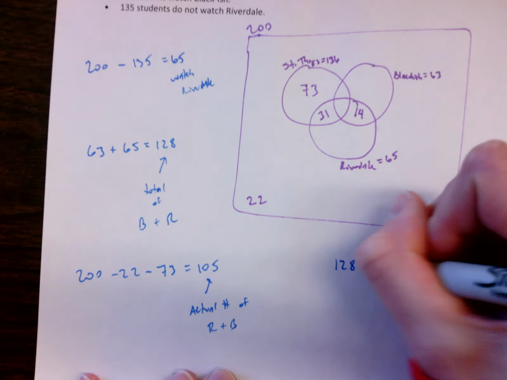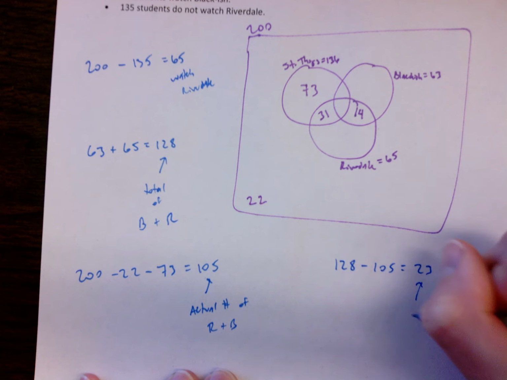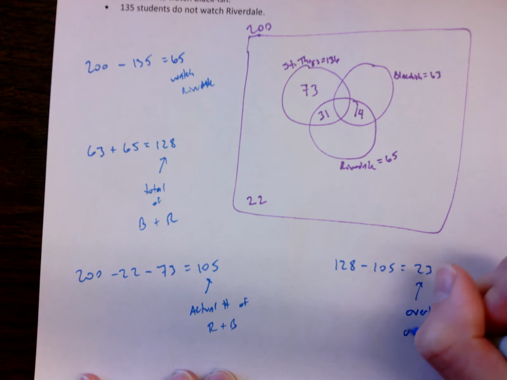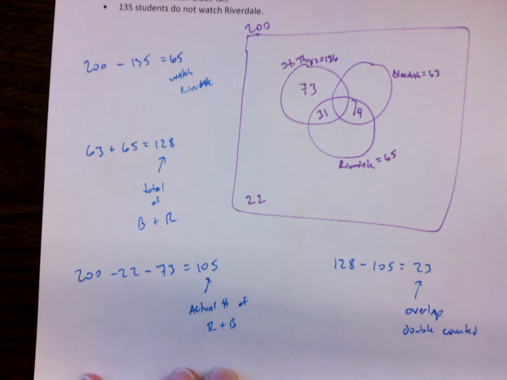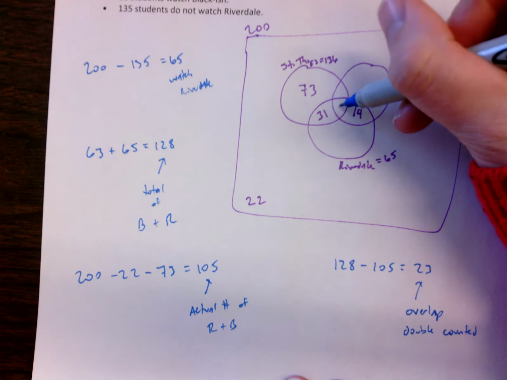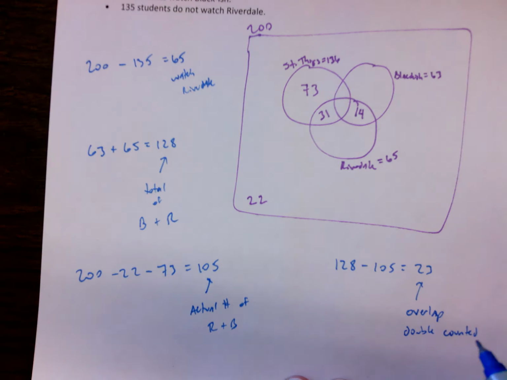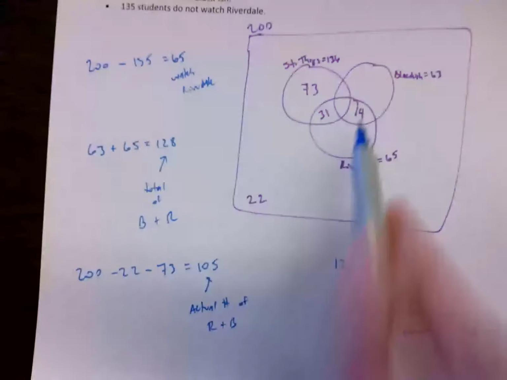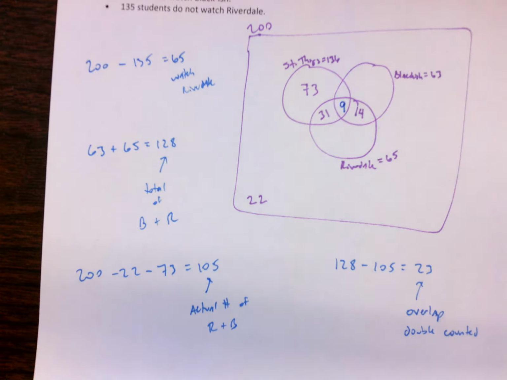Those are the overlaps who were double counted. All right, so what that gives me is now I know that these two sections have to total up to 23 people. And if 14 of them are right there, that leaves me with 9 in this section.